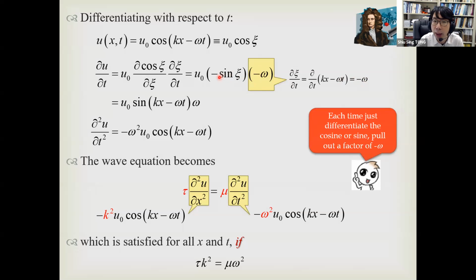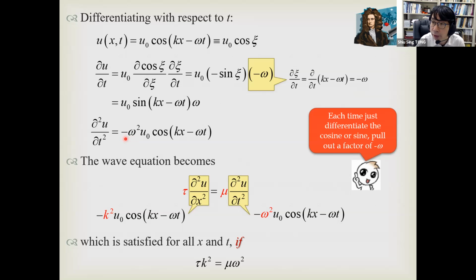So the two minus signs cancel, and I get the answer as u naught omega sine of kx minus omega t. Now, how about if I do the differentiation once more to find the second derivative? The sine becomes a cosine, is that right? And when I apply the chain rule, I differentiate C, I get a factor of minus omega.